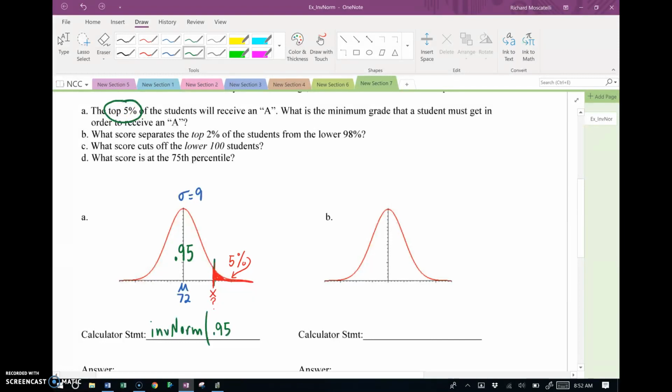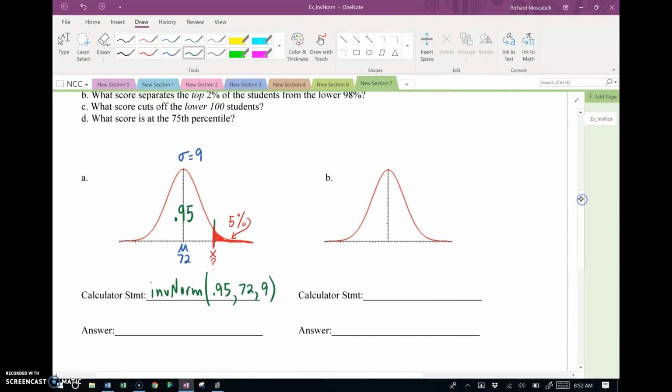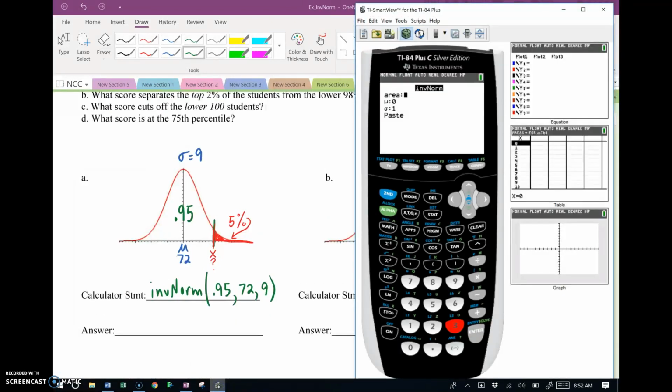But notice I'm not using 5% in here. Followed by the mean, which is 72, followed by the standard deviation, which is 9. Now, you've seen in the textbook how to do this by hand, looking up the z-score and then doing a backwards lookup in the z-score table. That's exactly what's going to go on here. It's just that the calculator is going to do that for us. So the area on the left is 0.95, mean is 72, and the standard deviation is 9.